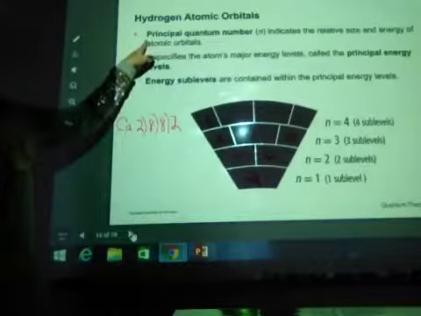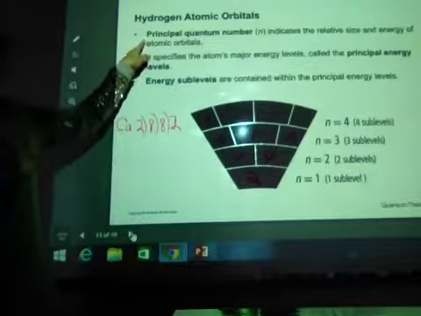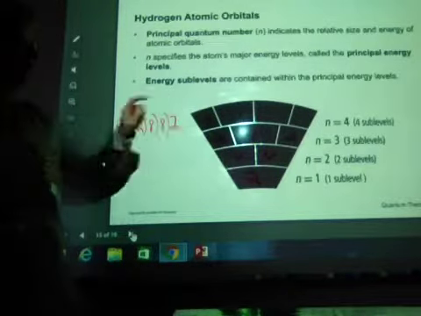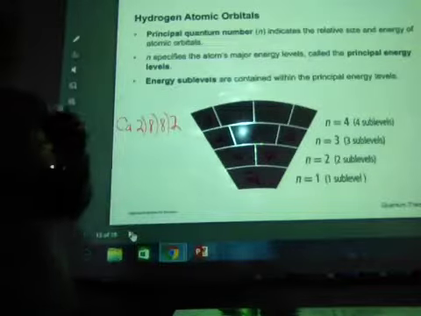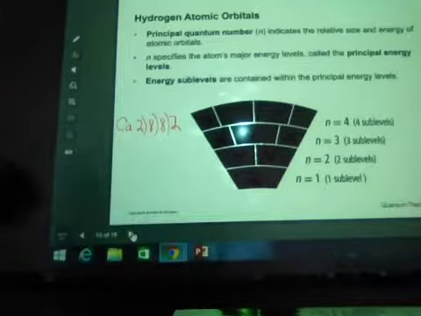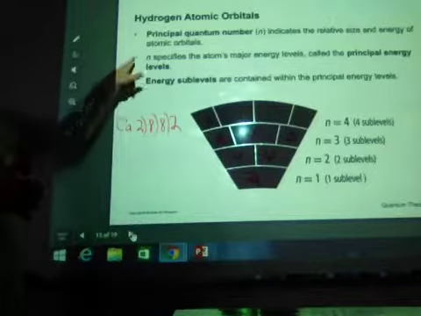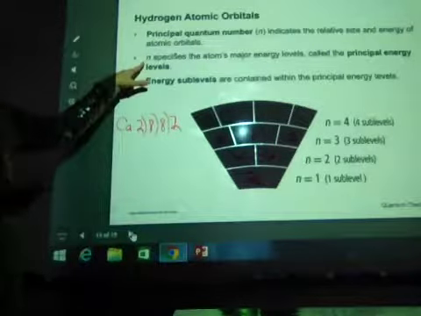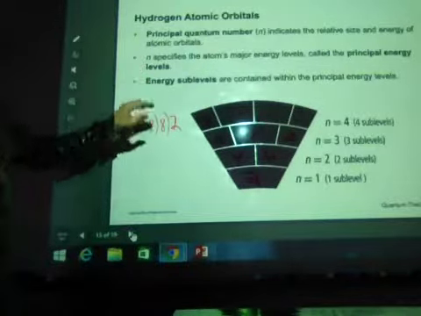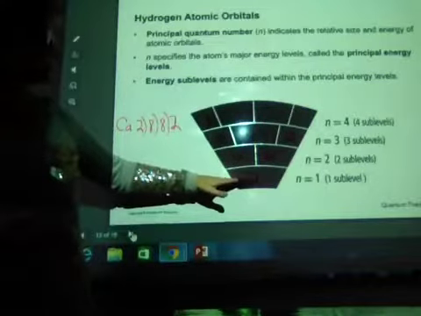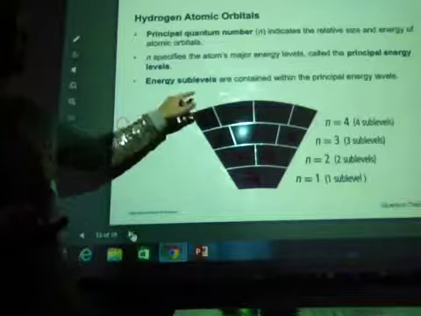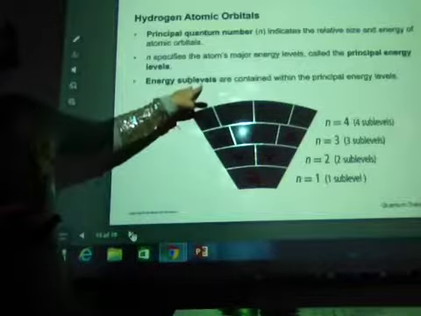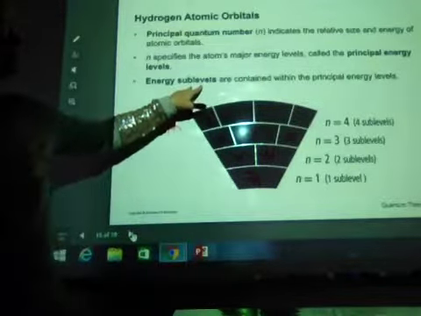The principal quantum number tells me how many sublevels I have and basically the amount of energy that I have. So here's energy level 1, energy level 2, energy level 3, energy level 4. And these energy sublevels are inside.